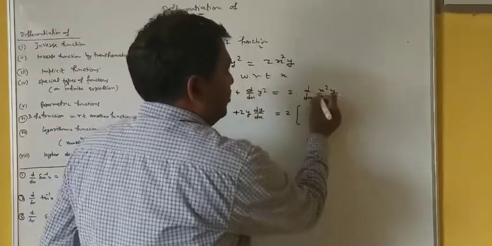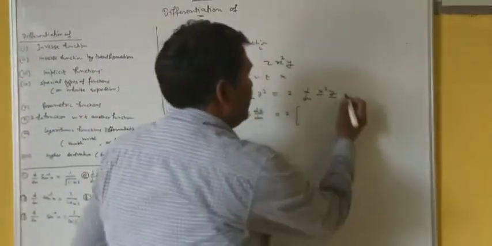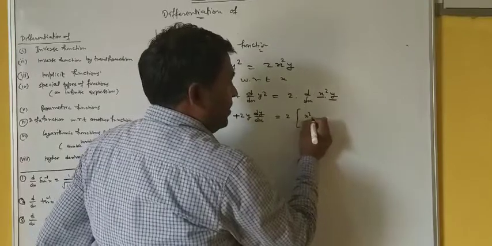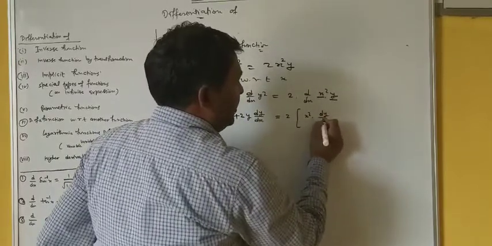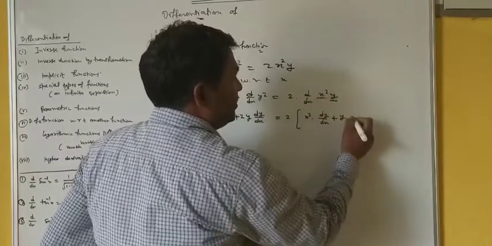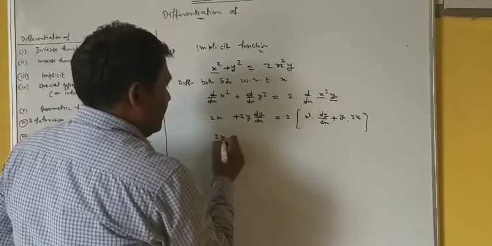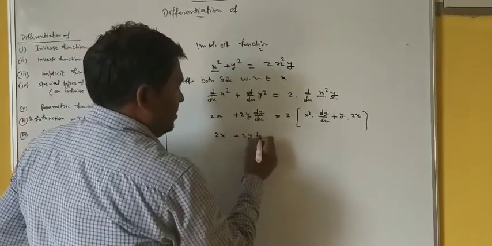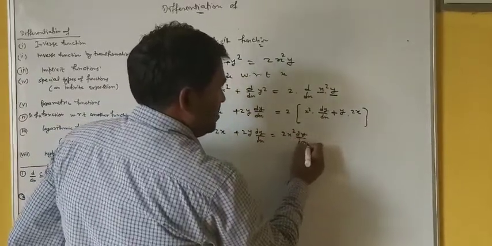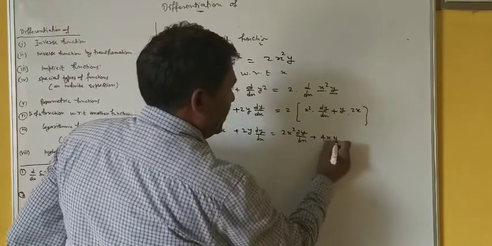Now see, there are two functions in product form, so applying the product formula, as we have already seen in some questions: first function into differentiation of second, dy by dx, plus second function into differentiation of x square, 2x. Now separating it, 2y dy by dx is equal to 2x square dy by dx plus 4xy.